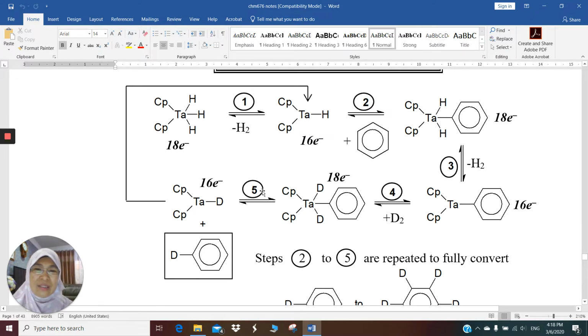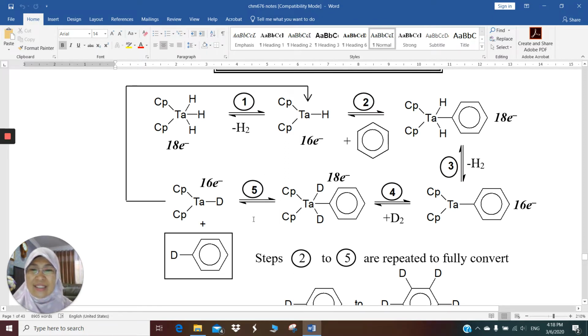This is the fifth process. When you have 18 electrons, it is again ready for a reductive elimination. Now, can you see this is RE, reductive elimination. This is OA. This is another RE. This is another OA. And this is RE again.